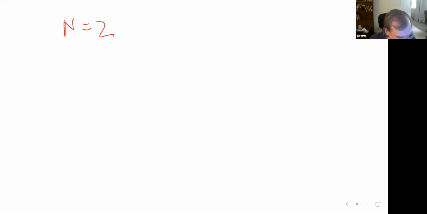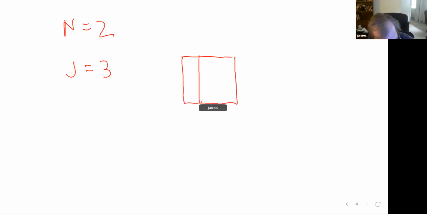I'm pretty sure I'm going to be dealing with things I can draw on paper, so that's matrices with 2 indexes.